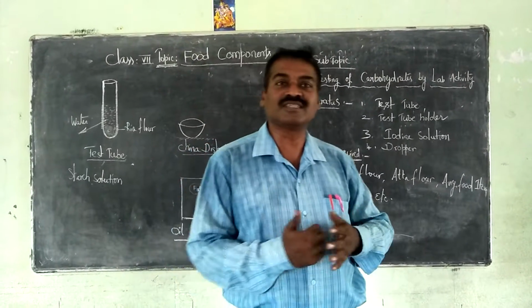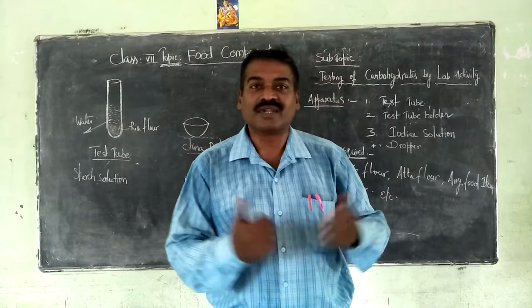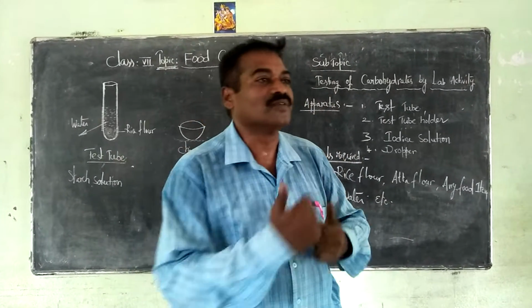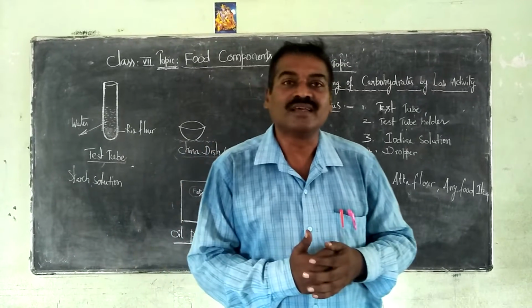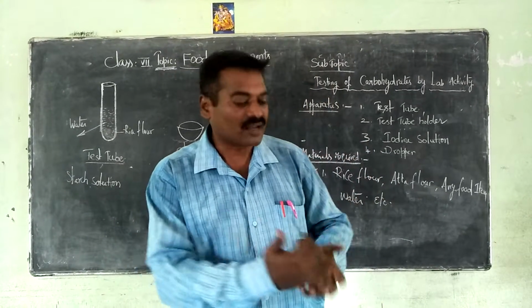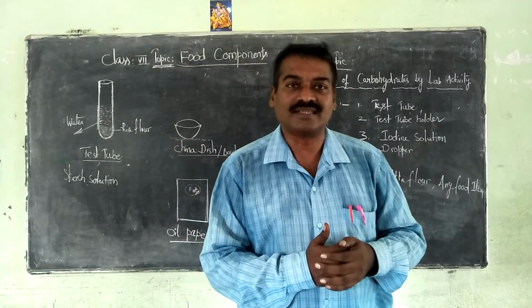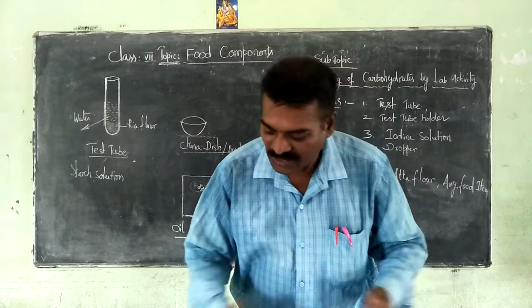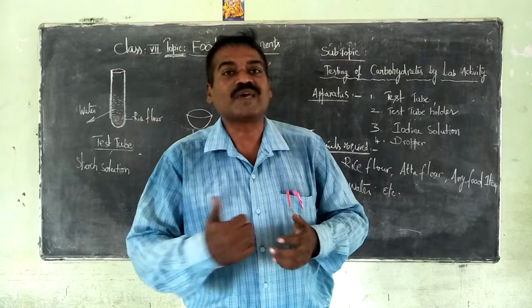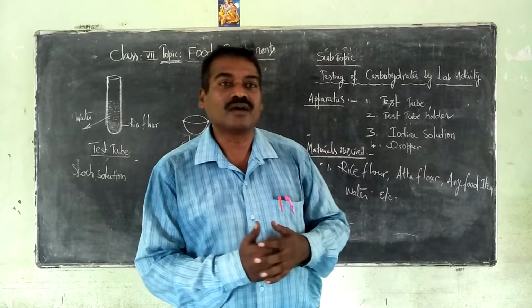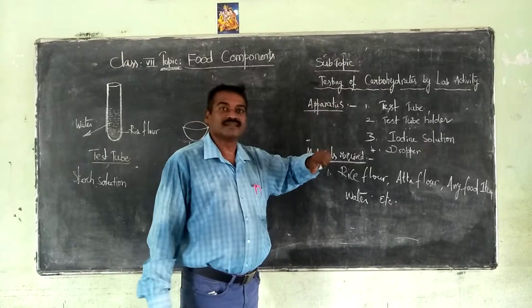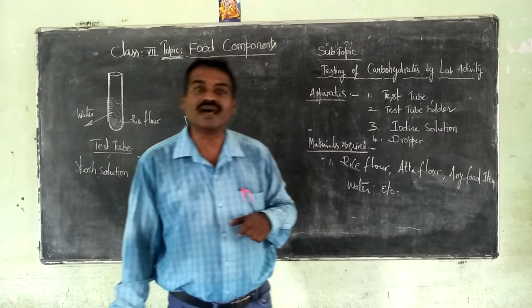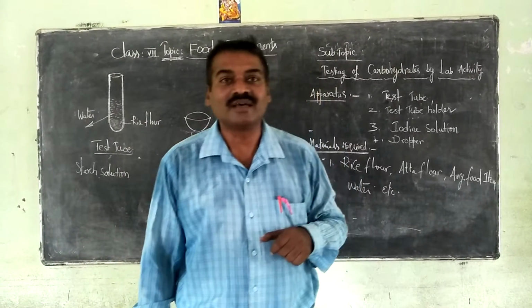We require all these things for a balanced diet, to build our body and to do our activities and live happily and energetically. We require carbohydrates and fats. That is why we tried to explain how to recognize and observe the fats and carbohydrates present in food materials or food items.